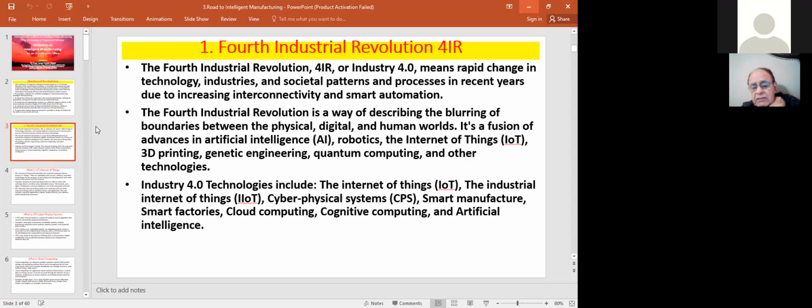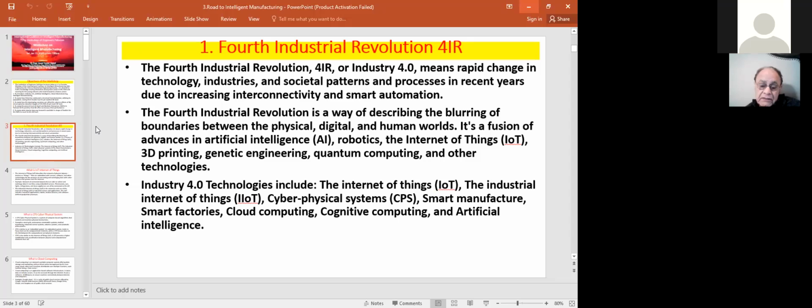So Industry 4.0 really includes Internet of Things, IoT, that is called the industrial Internet of Things. This is a bit more advanced, more applied form of IoT to manufacturing really.